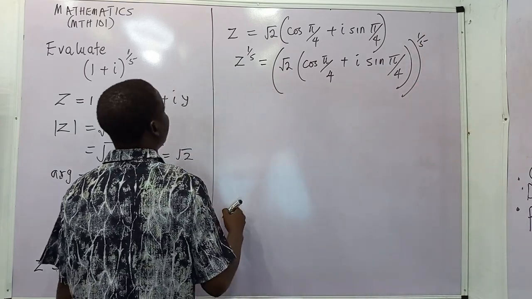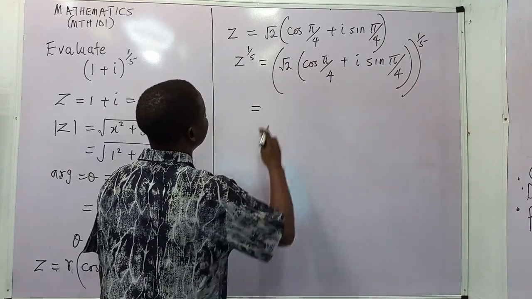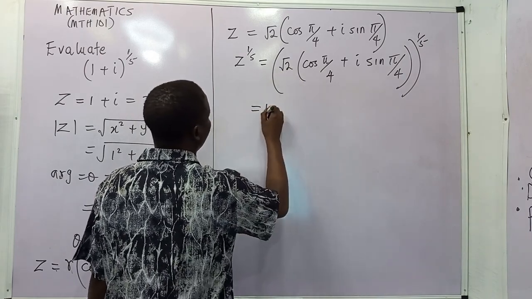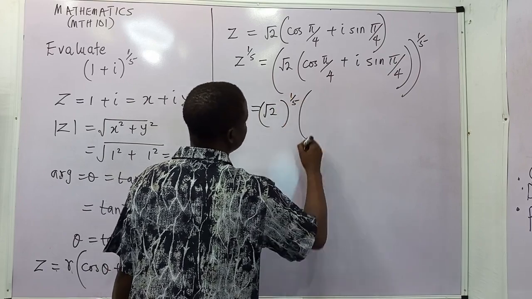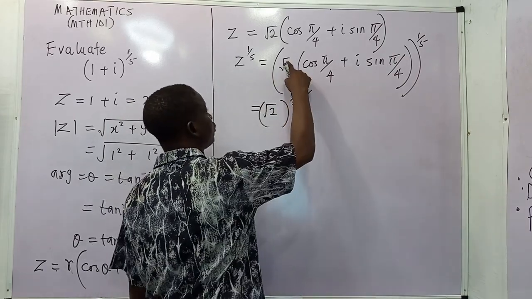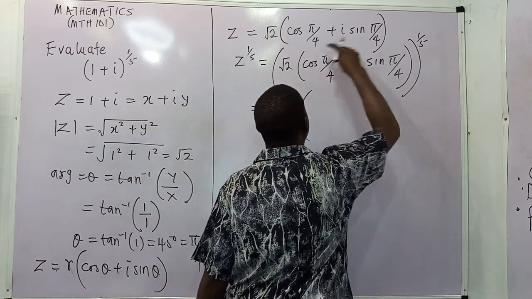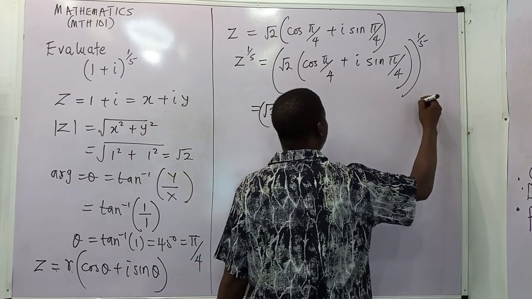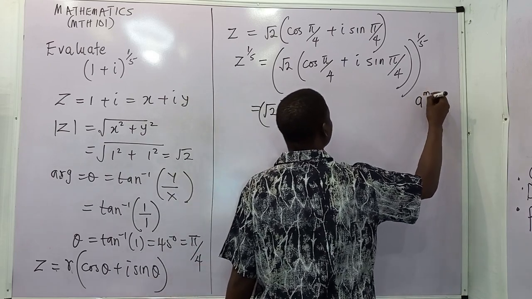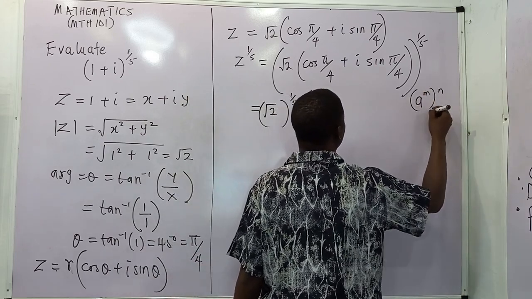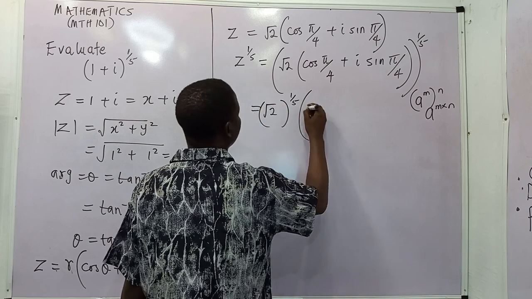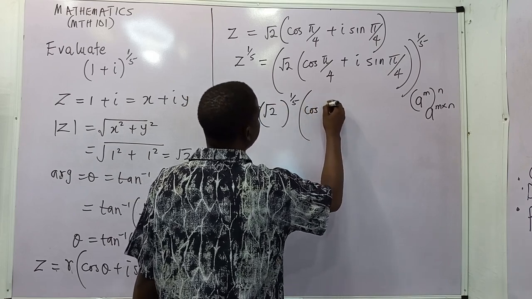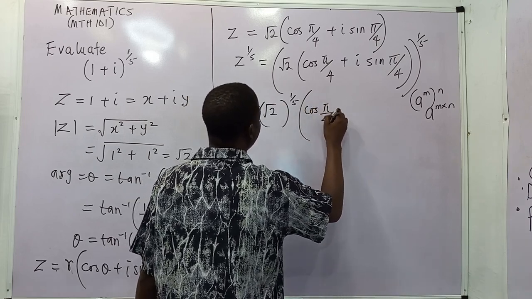So I simply take the square root of 2 raised to 1 over 5. This one will affect this. Remember that a raised to m, all raised to n, is equal to a raised to m times n. So now I want to have cos pi over 4.